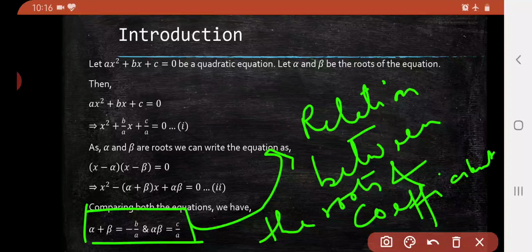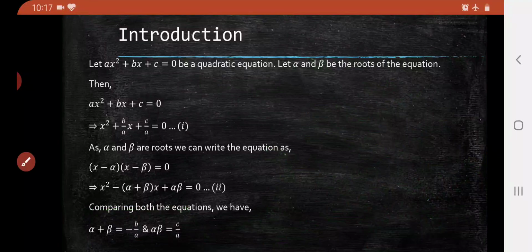Fine. So we are going to use these two formulas throughout our different problems, the examples that we are going to solve, and these are the only two formulas that we have.